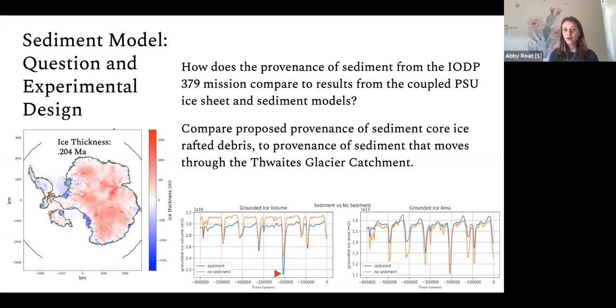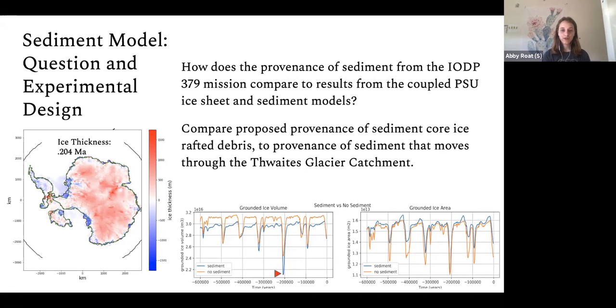So the sediment model is particularly interesting and useful because modeling sediment allows for a direct comparison with the geologic record, because obviously you can find sediment in the geologic record, whereas you just find proxies for ice extent. Also, it's believed that bed topography and landscape evolution are drivers of paleo ice sheets, although it's not super well constrained.